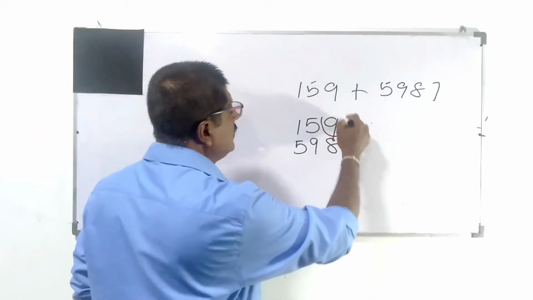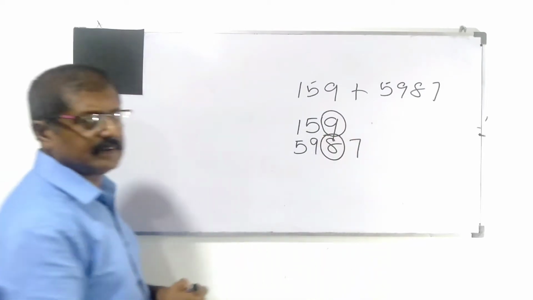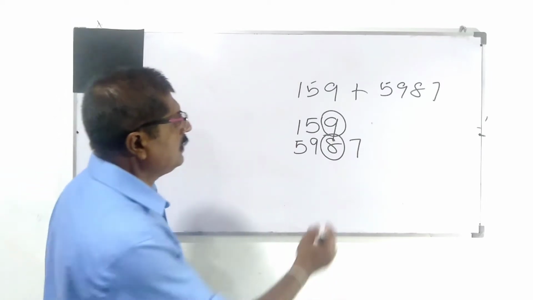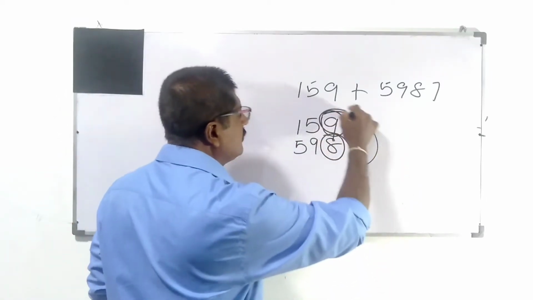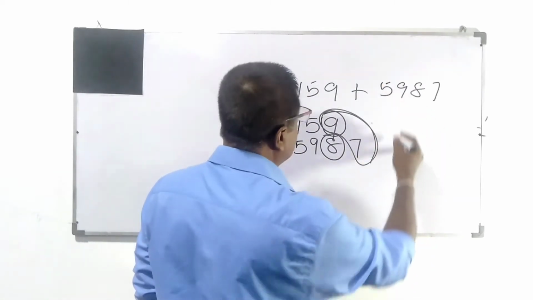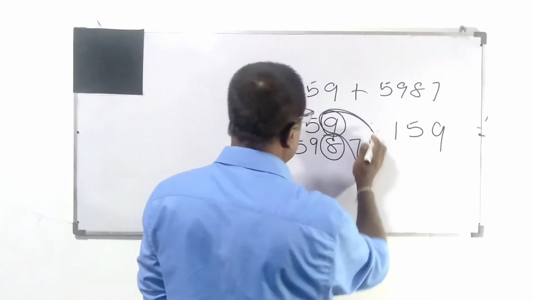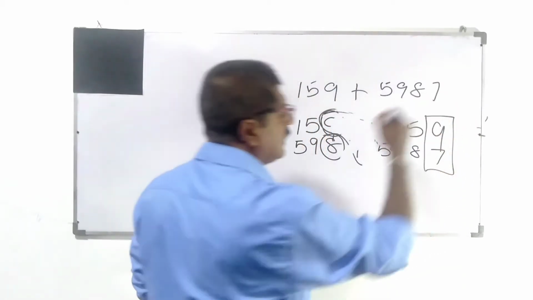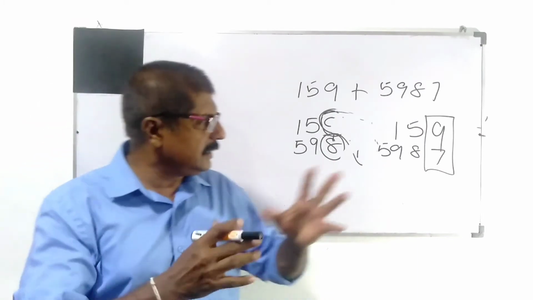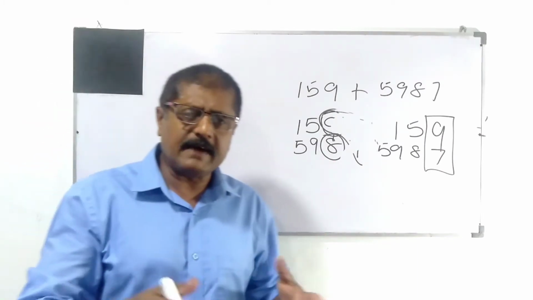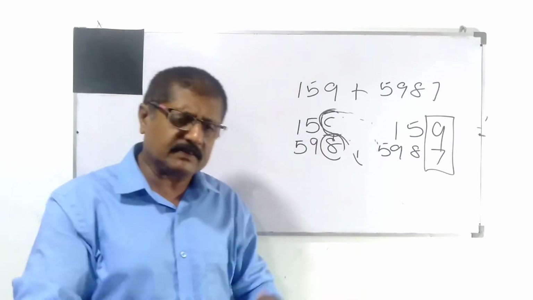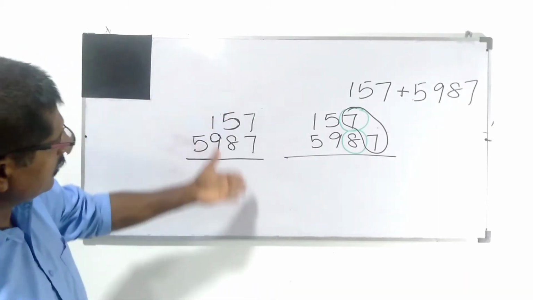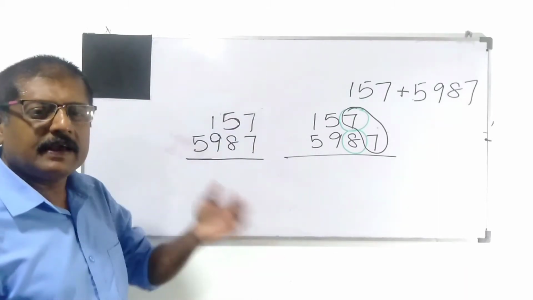Here these are ones and these are tens, so you have put ones and tens together. Therefore, you have to align these ones in one line: 1, 5, 9 and 5987, like this. Ones should be aligned together. If you don't have a sound knowledge about this, you can refer to my previous video, place value. Now we can do this addition, because digits of equal value have been aligned together.